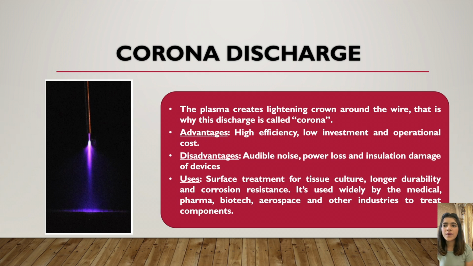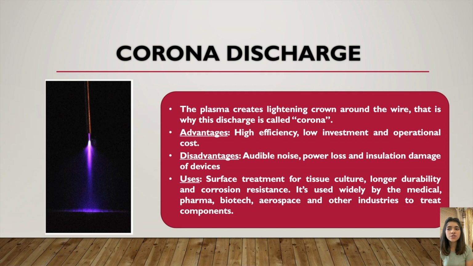The first one is corona discharge. In corona discharge, the plasma creates a lightning crown kind of thing on the discharge phase, which is why it is called corona. Its advantages are that it is high in efficiency and does not cost a lot in investment or operation.